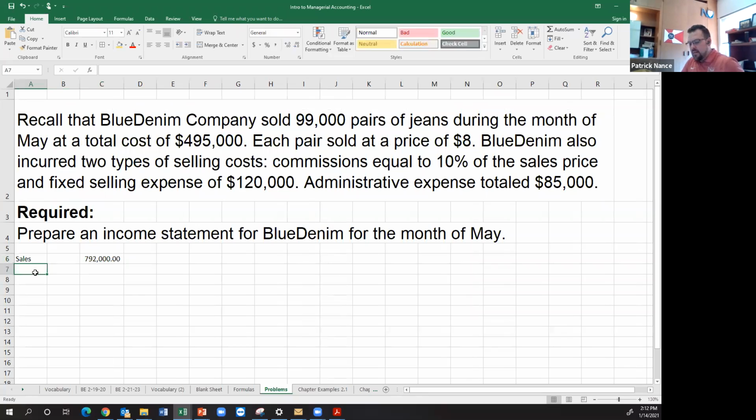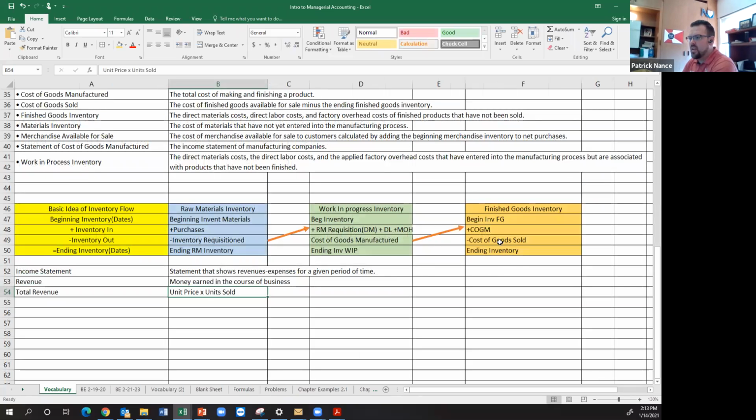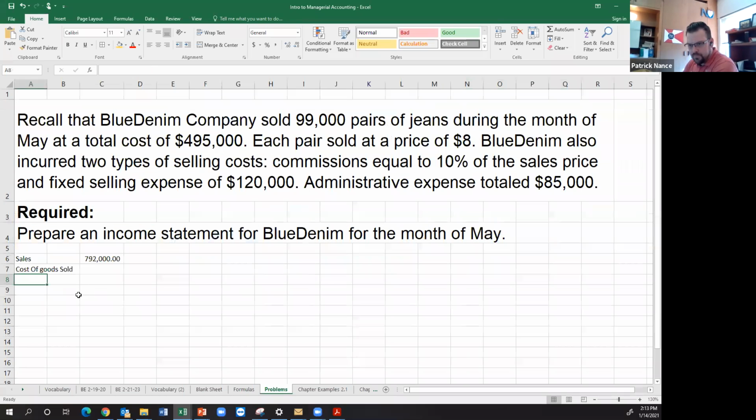After that, we do a two-step process in a manufacturing firm where rather than just listing all the expenses in one place, we take out first and foremost what we call the cost of goods sold. And they gave us this number here, but remember, back to this page, that number would ultimately come from whatever came out of our finished goods inventory. This subtraction number here from my finished goods inventory is really where that would come from.